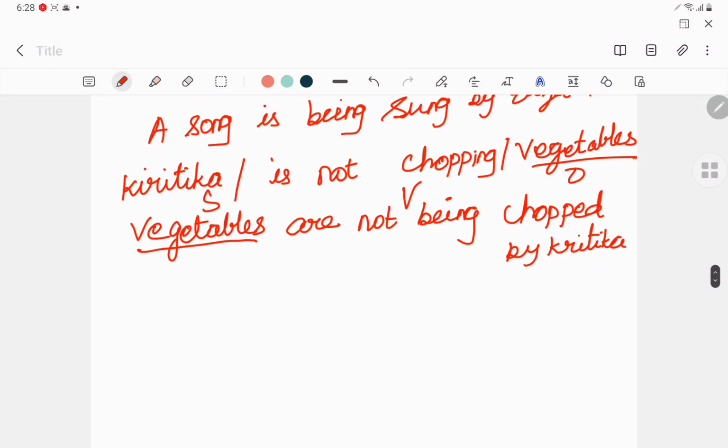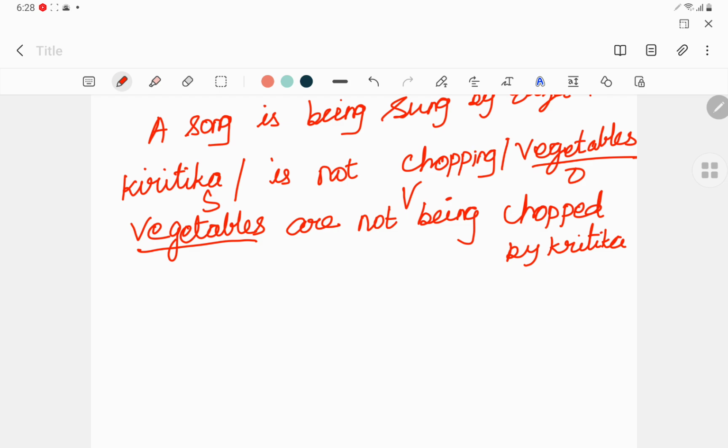And then what in present tense? And then you have present perfect. Okay, so in present tense we have 4, but we can change only 3 kinds of tense into passive voice. Present perfect continuous we can't change.